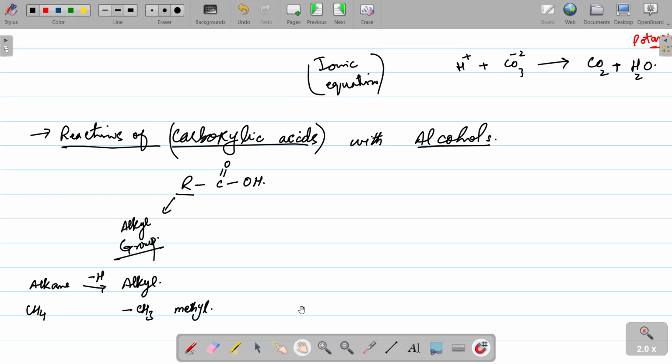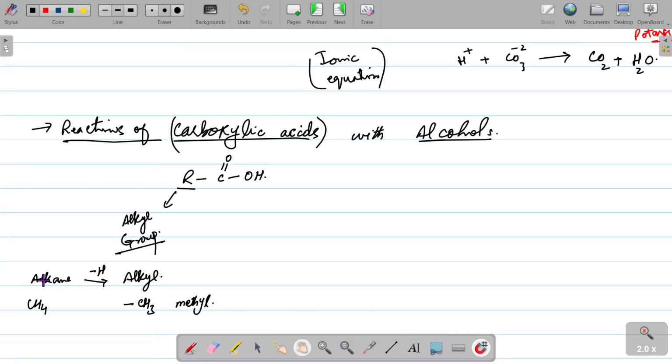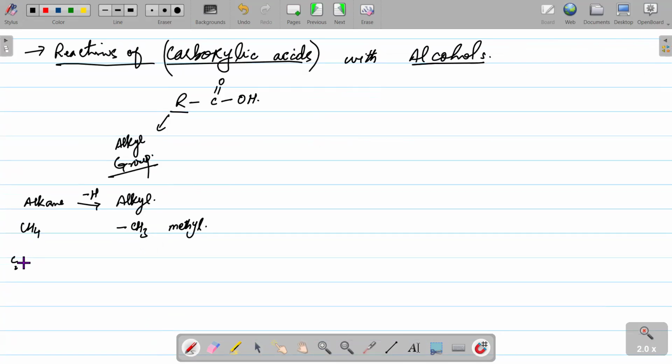Okay. Similarly, if I have ethane, C2H6, removing one hydrogen in that case, that will again give us a member of alkyl series, which is ethyl.